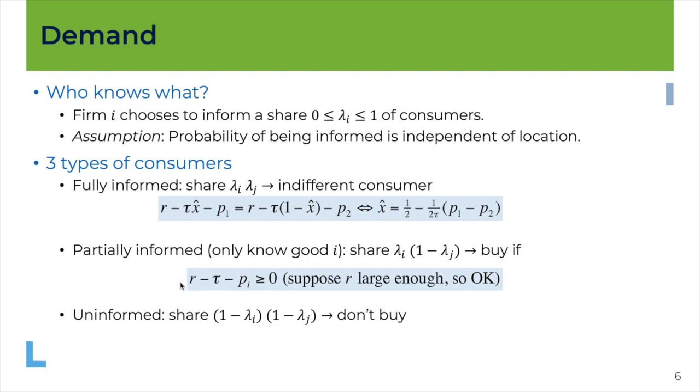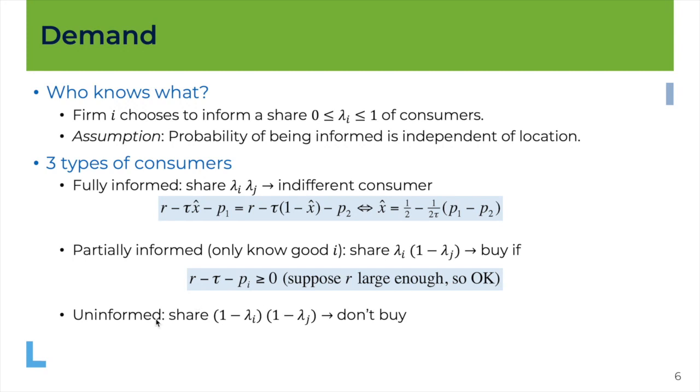Now, this consumer cannot consider buying product J because she doesn't know about it. So she will buy product I only if the total utility at the given price Pi is larger than 0. We will suppose that R, the basic utility that consumers can get from any product, is large enough that for the prices used at equilibrium this is positive, and so these consumers buy.